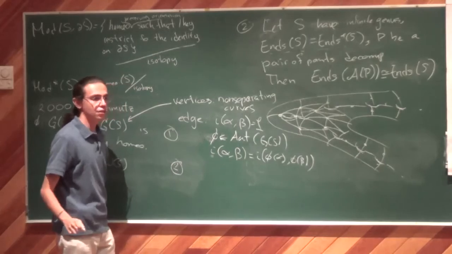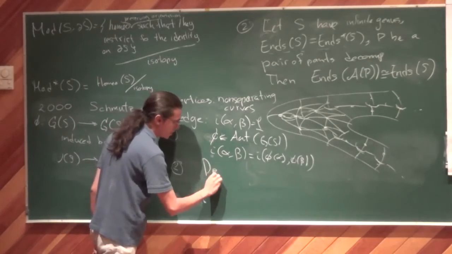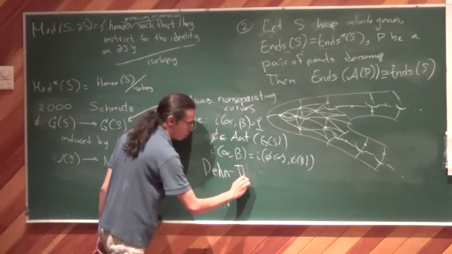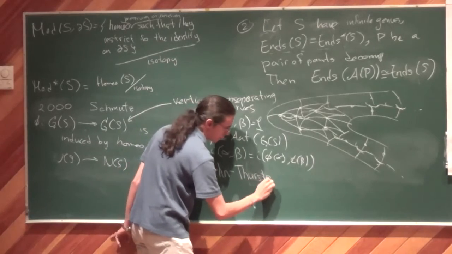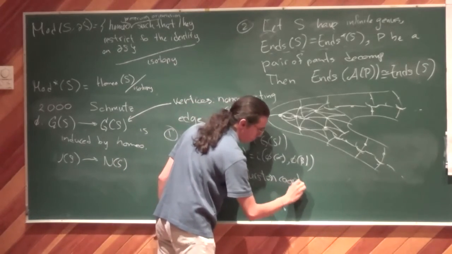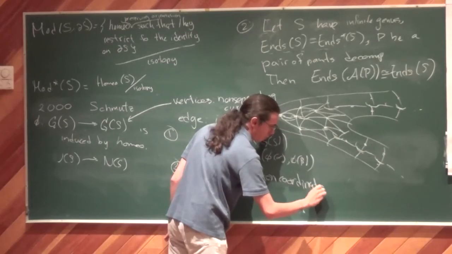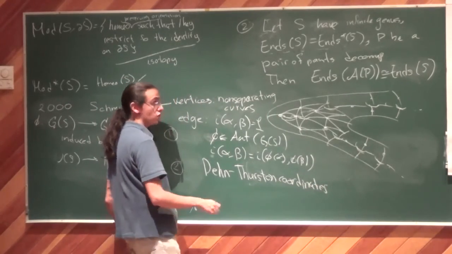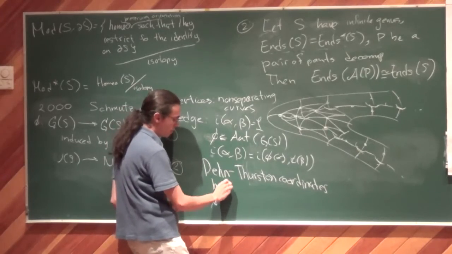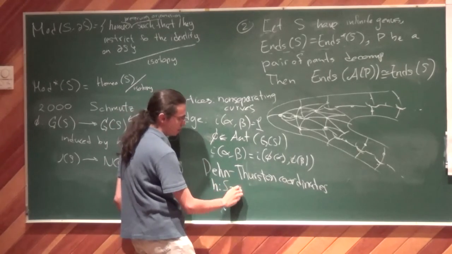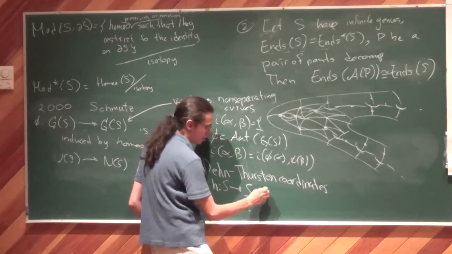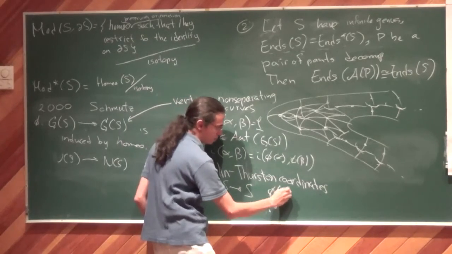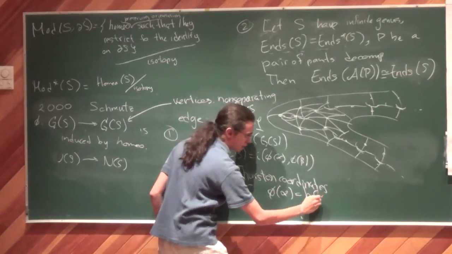And using this and what are called first and second coordinates, we constructed a homeomorphism such that this is the same as this.